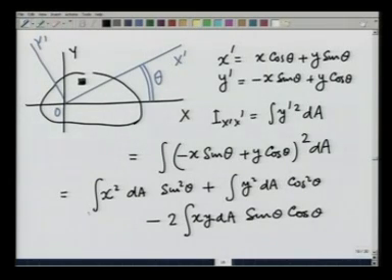But integral x square dA is nothing but I y y, and integral y square dA is nothing but I x x, and integral x y dA is nothing but I x y.